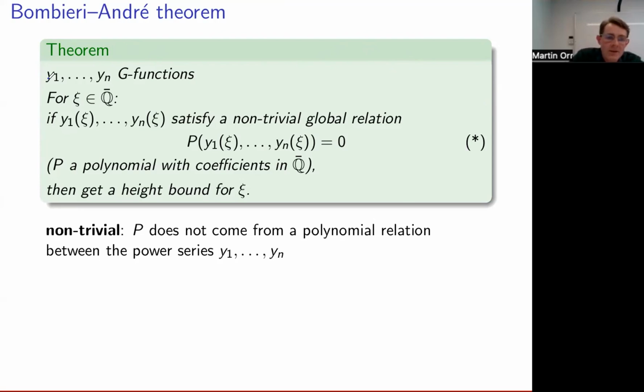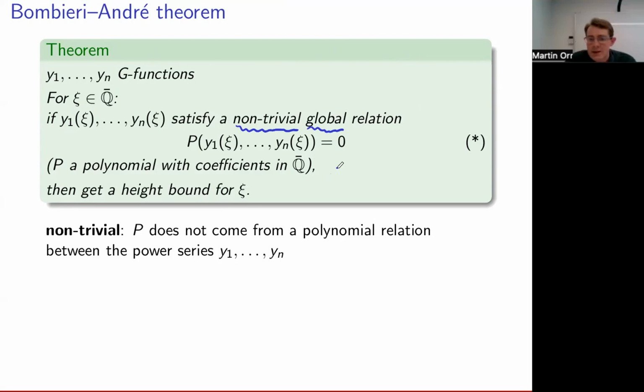So you take some collection of G functions, you evaluate them at some algebraic point, and if these evaluations satisfy a non-trivial global relation, and I'll say what these words mean in just a minute, but if you have this polynomial relation, coefficients in Q bar, that's equal to 0, then you get a height bound on this point psi.